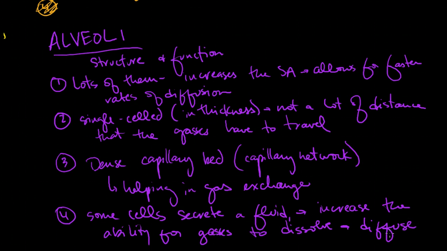Okay? So there's some more chemistry there that we're not really going to get into, but that's the list of things that you need to know that explain why alveoli are structured to aid in their function. All right, so the next thing is the drawing.